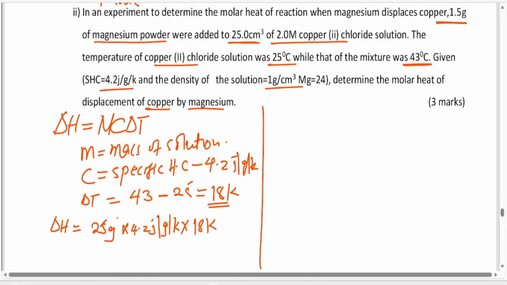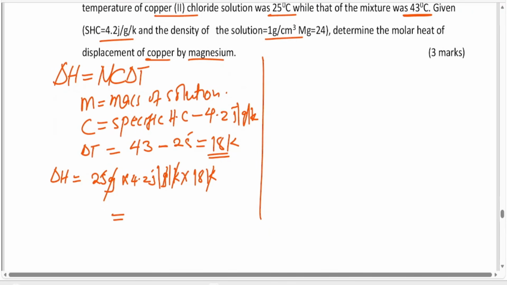Here I cancel out the gram with the gram, and the Kelvin with the Kelvin, and I obtain energy change in joules. So it is going to be 1890 joules, and it is in joules because the mass was in grams. So I divide by 1000, and I obtain 1.890 kilojoules.